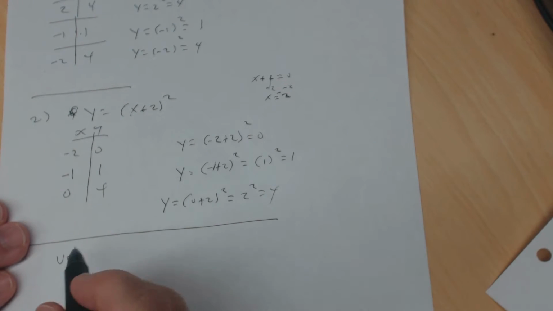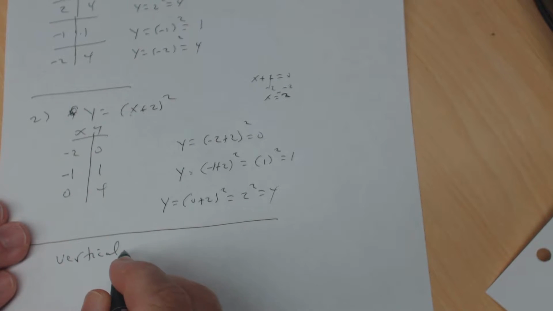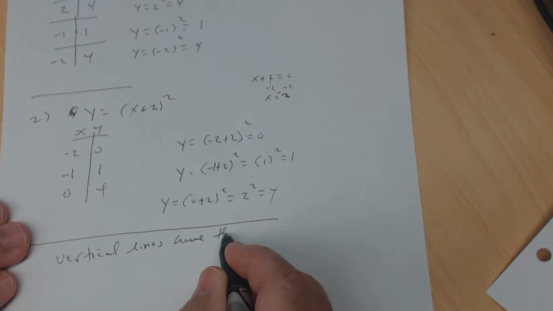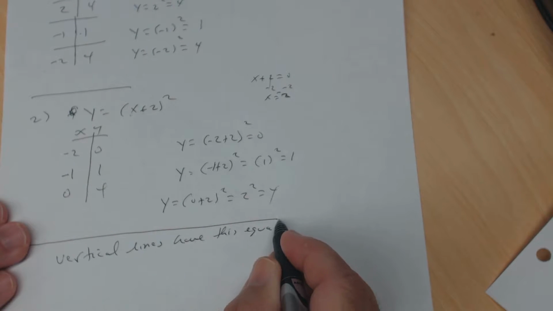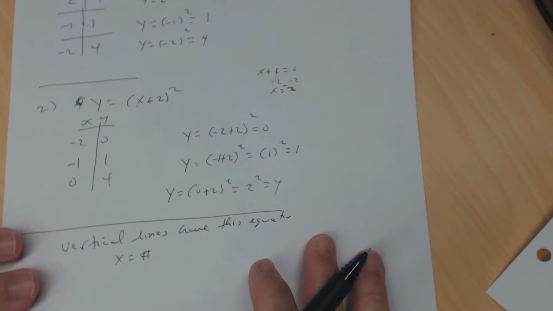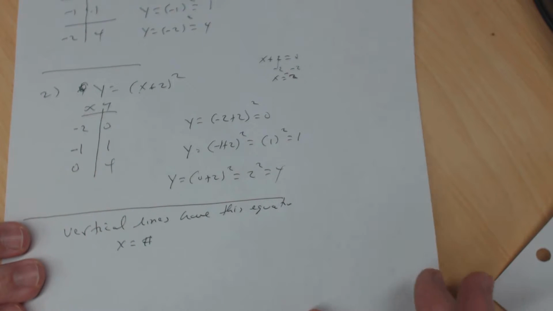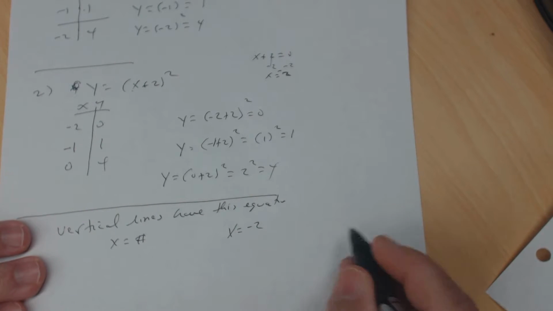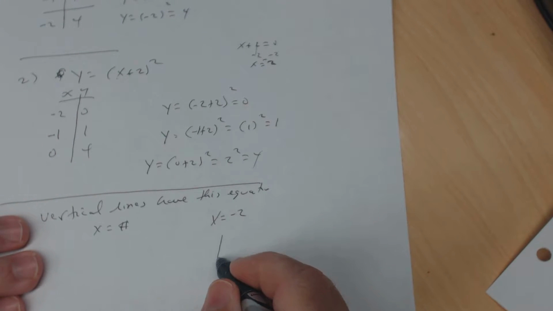So the vertical lines. Remember, vertical lines have this equation. It's always going to be x equal a number. All right, x equal number. So that's the equation of a vertical line. So remember when we graphed x equal -2, let's say, and I use a t-table.